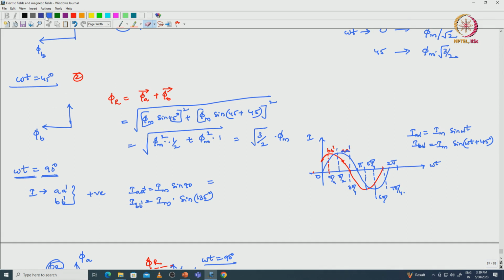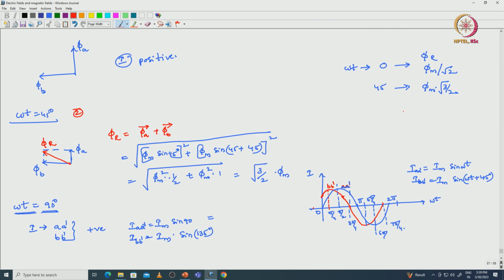We can see the resultant vector like this way. Phi A is small, so the resultant vector is here. The magnitude will not change. So at 90 degrees also it is phi m square root of 3 by 2.